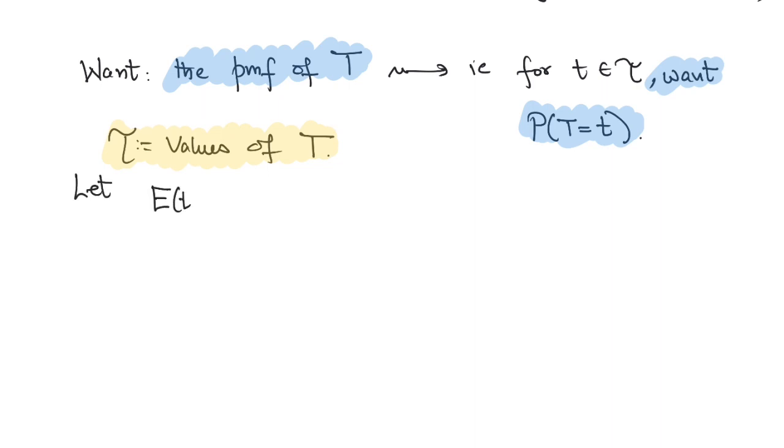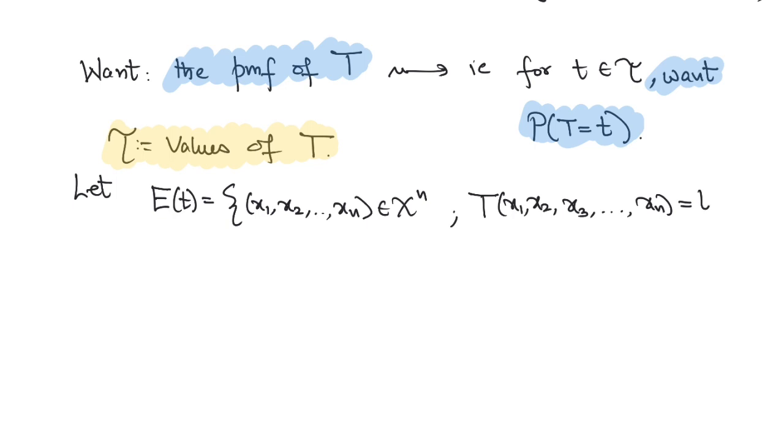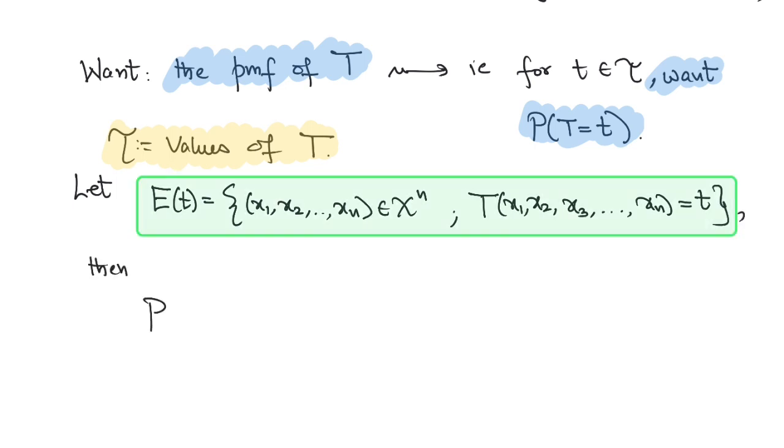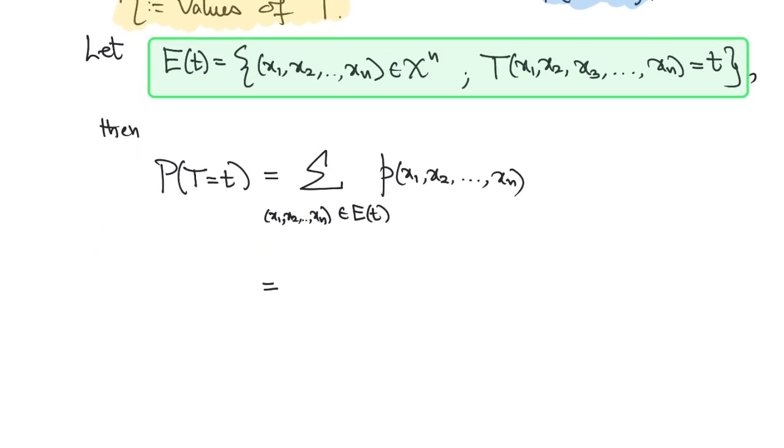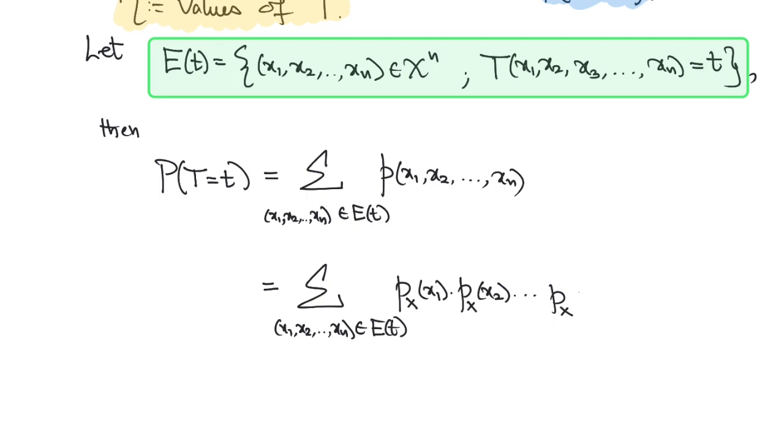Now, for a value t of the random variable, we define E of t to be the set of all n-tuples on which the random variable T takes the value small t. In this setting, the probability that the random variable takes the value t is just going to be the sum of p of x1 through xn, where the tuples x1 through xn belong inside E of t.